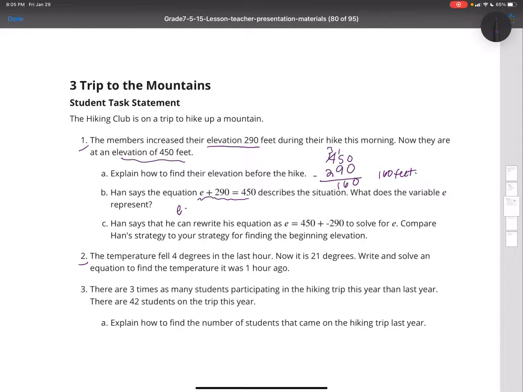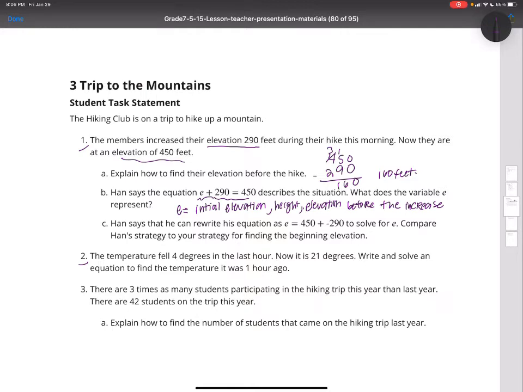Okay, let's put the E, and we could let it be their initial elevation or height. Or you could put the elevation before the increase. Okay? Because that's what we don't know. They never said where they were. They just said that they had a 290 feet increase, and now they're at 450.